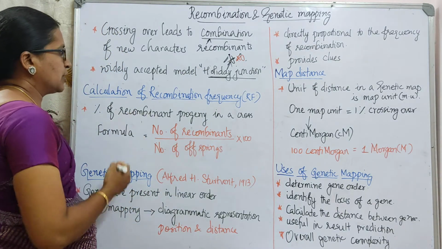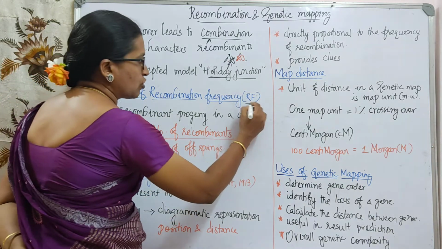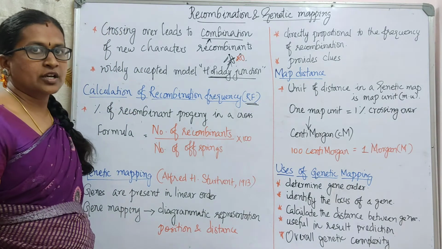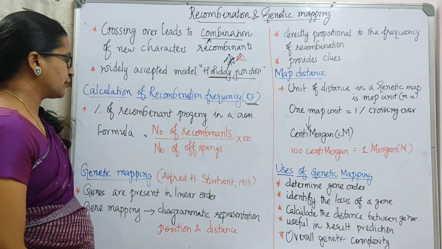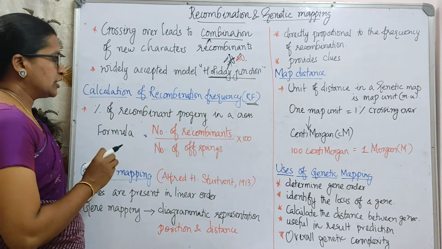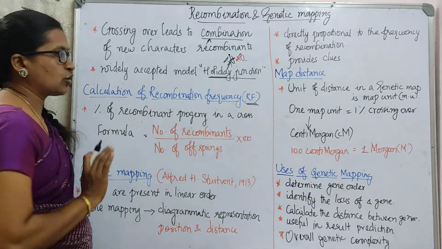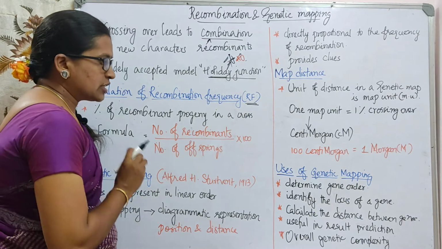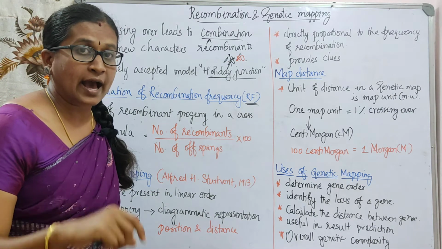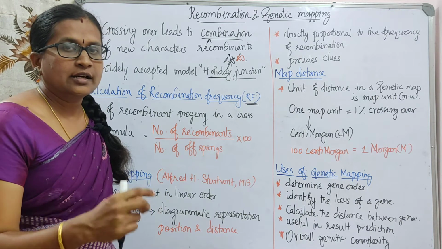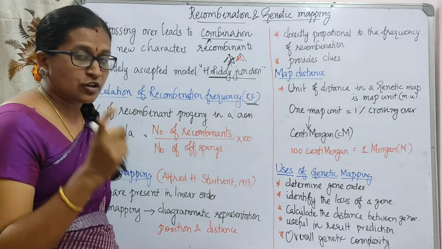Next we come to the calculation of recombination frequency, which is called RF. We call it the percentage of recombinant progeny in a cross. How much recombination has occurred in that particular progeny, in that particular cross.